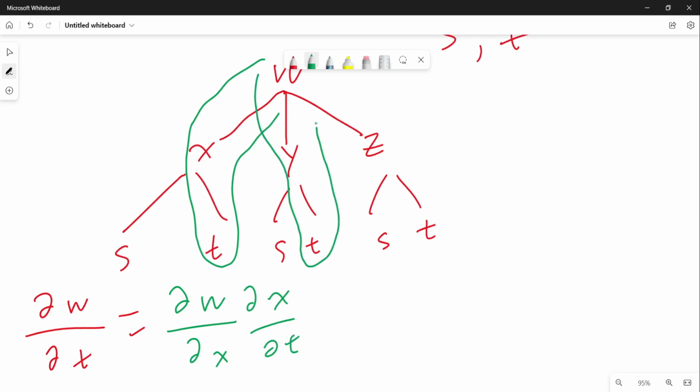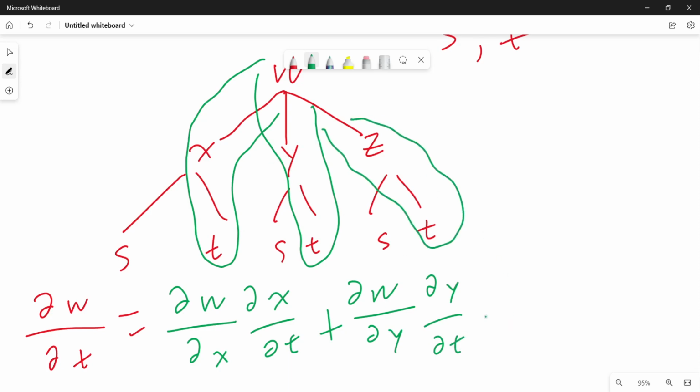Here's one: del w, del y, del t. And here's one: del w, del z over del t. And it's a very similar process if you wanted to do it for s instead of t.